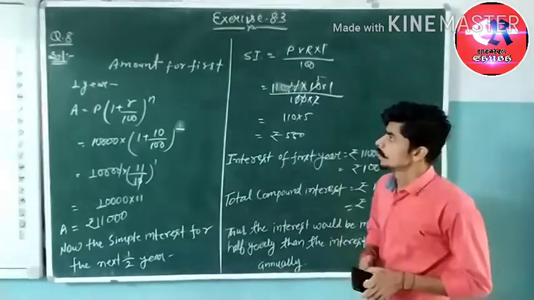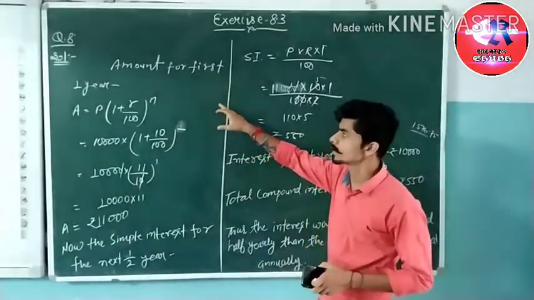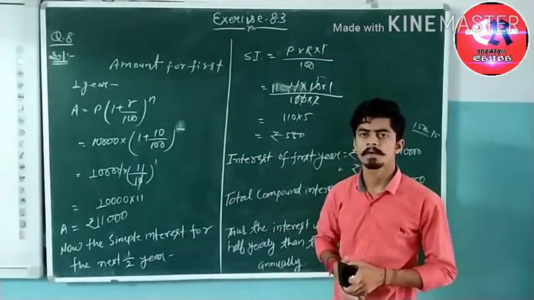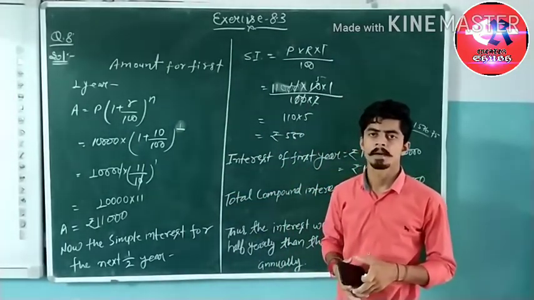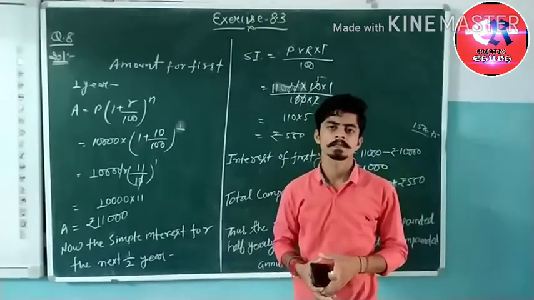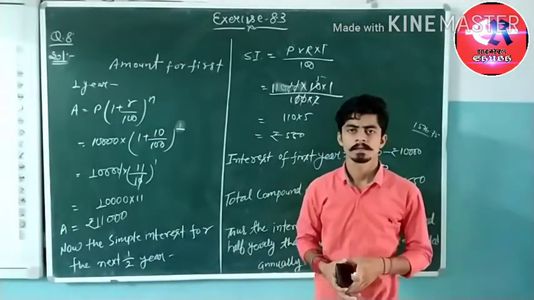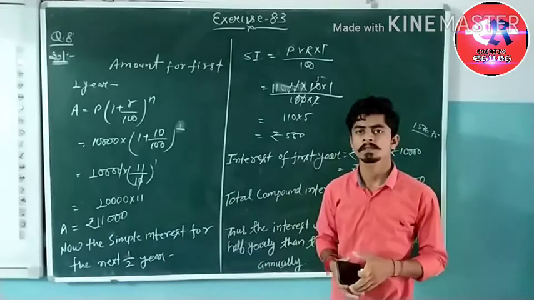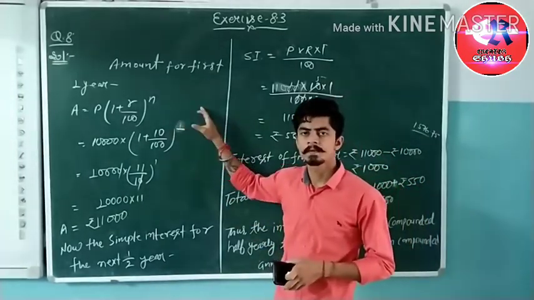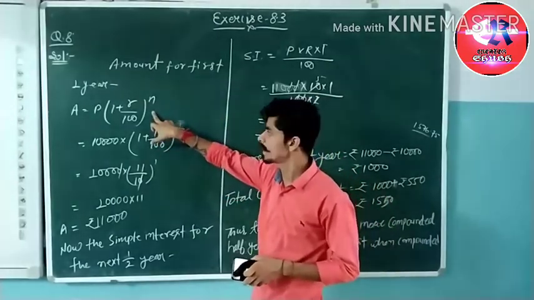We have to find the amount for the first 1 year, because the time is 1 whole 1/2 and we are finding the compound interest when compounded annually. If the time is a mixed fraction, we find the amount for the first complete year, and then the remaining half year. So for the 1 year we find the amount by this formula.